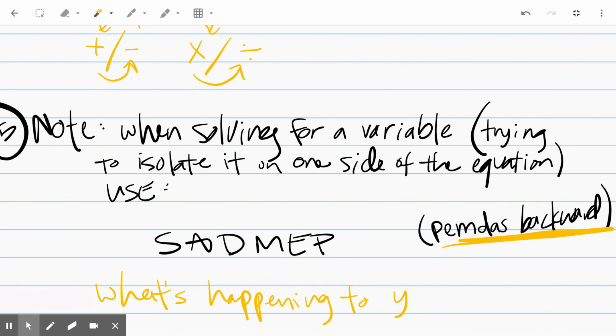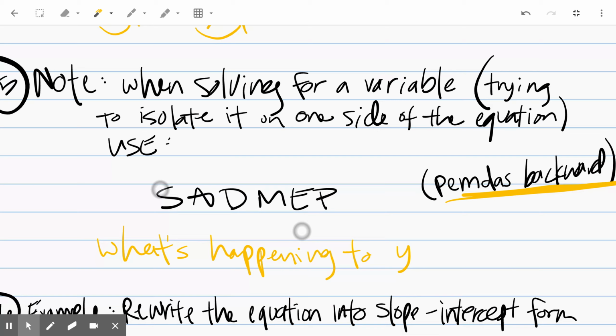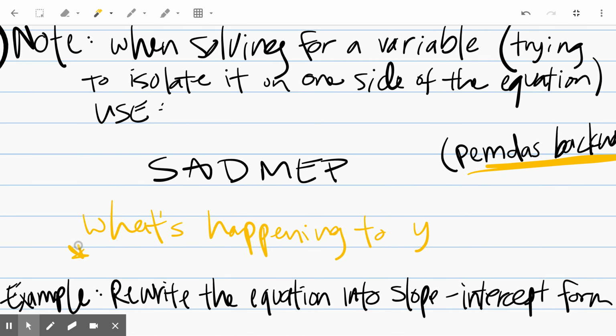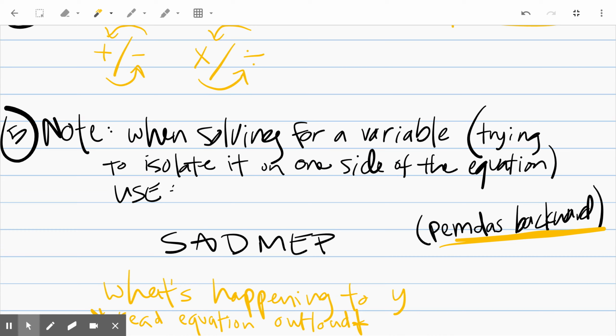And if you're not totally sure, what I would suggest is actually just read the equation out loud. Now you may feel super awkward about it, but I promise it helps. So when we're solving for a variable, use PEMDAS backwards, as my lovely students call it, SADMEP.